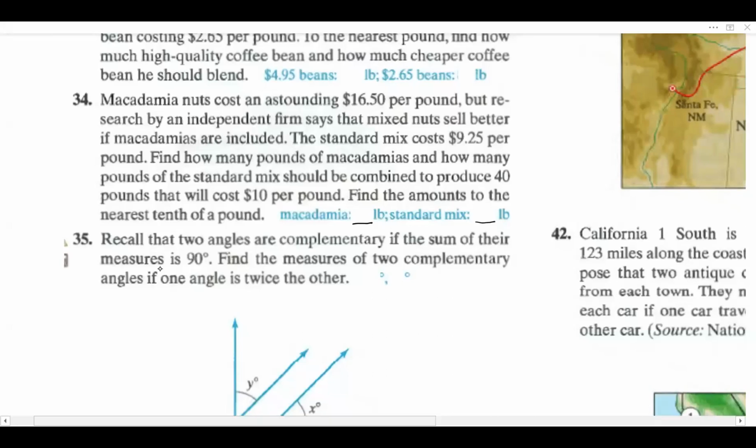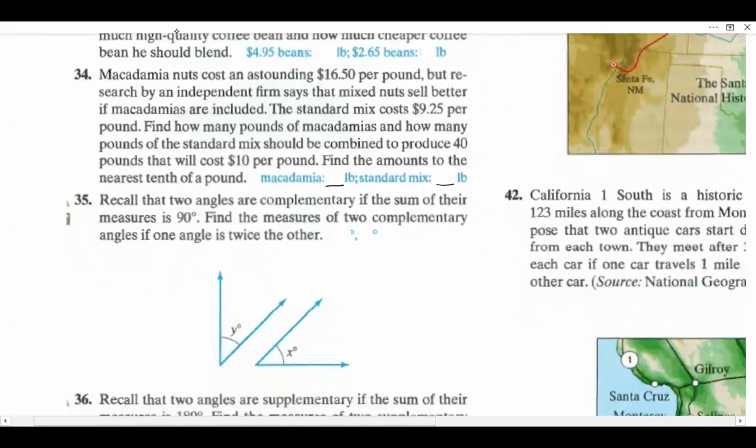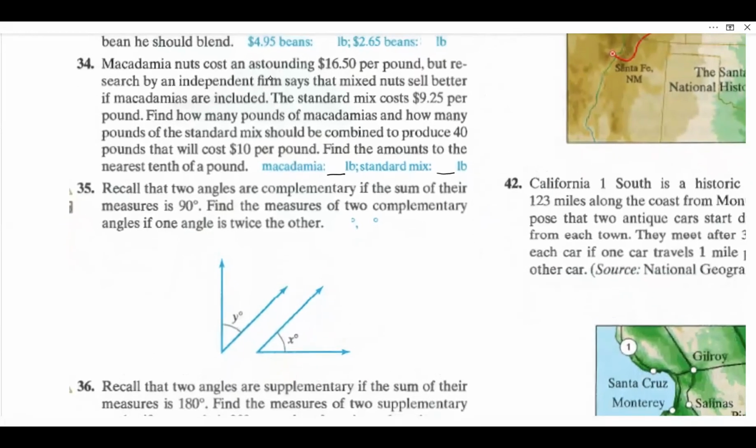Okay. Sorry for that. Let's move on to 35. 35 here is actually a geometry question, right? Recall that two angles are complementary if the sum of their measures is 90 degrees.